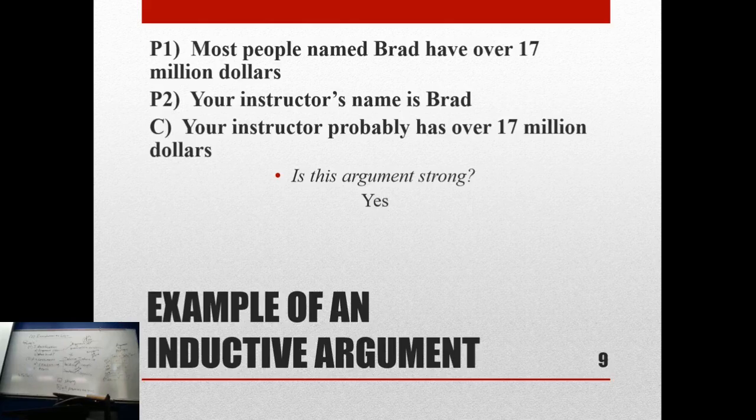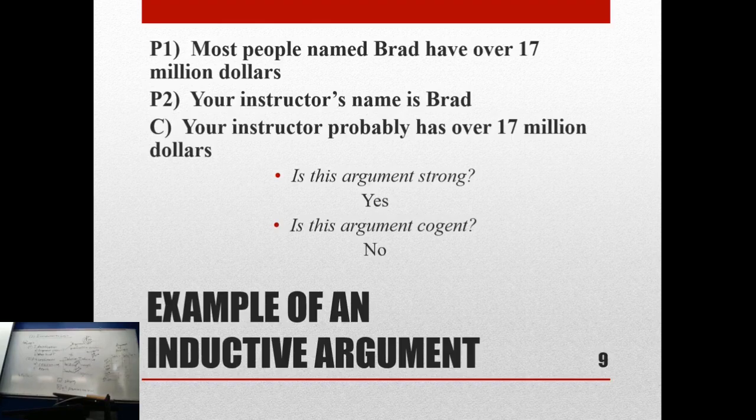Okay, now what's the issue, though? Pretty sure premise 2 is true, right? But what about premise 1? Not true, at least in my experience. So while strong, it's not cogent, because one or more of the premises are false.